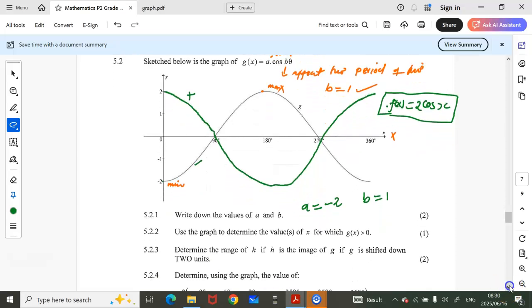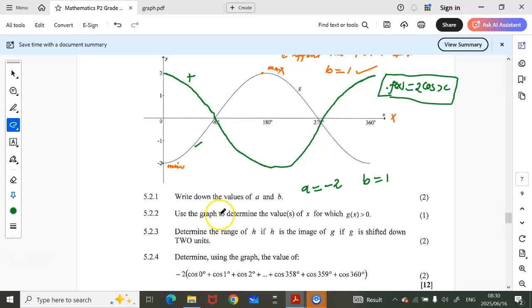Question 5.2.2. Use the graph to determine the value or values of x where g of x is greater than 0. Remember, we are dealing with this one. Let me take this off so that we concentrate on what is given here, so that people don't make mistakes.